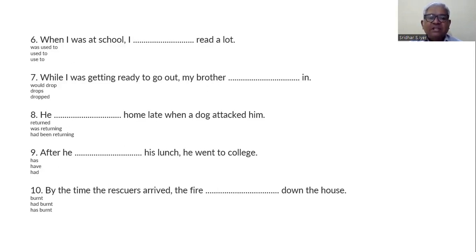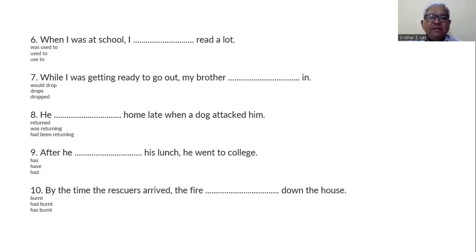After he dash his lunch, he went to college. After he has his lunch, he went to college. After he have his lunch, he went to college. After he had his lunch, he went to college. The third option, after he had his lunch, he went to college, would be the right answer.